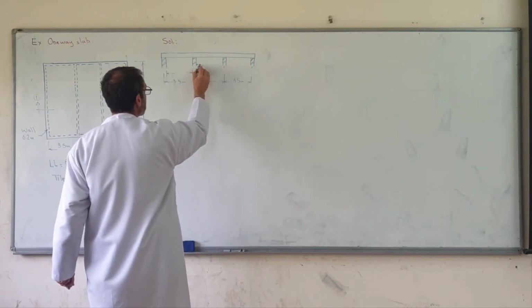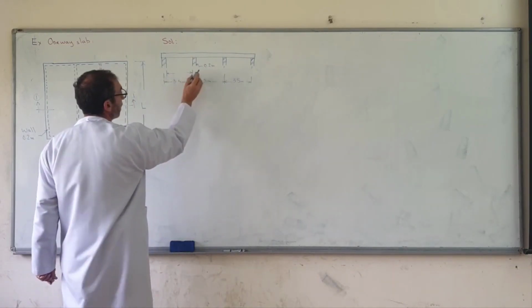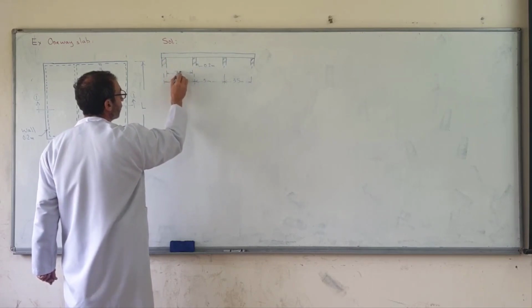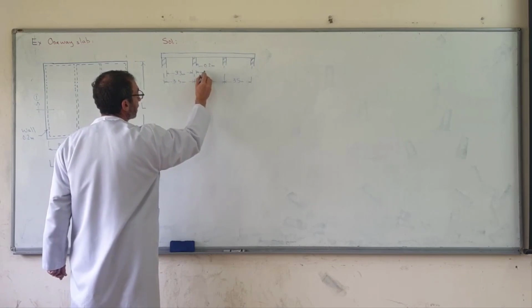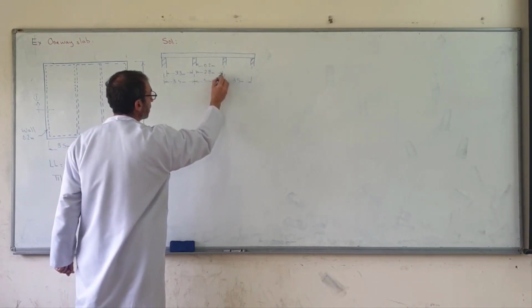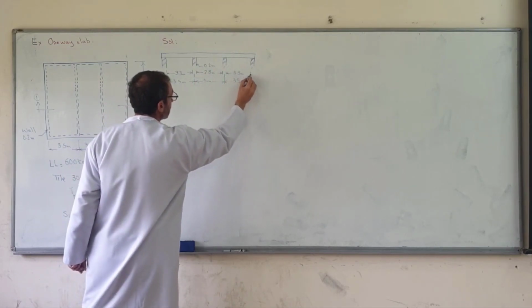The wall thickness is 0.2 meters, given in the problem. So this is 3.5 minus 0.2 over 2, 0.2 over 2, which gives 3.3 meters. Here the clear span is 2.8 meters. This is symmetric, so the other is equal to 3.3 meters.